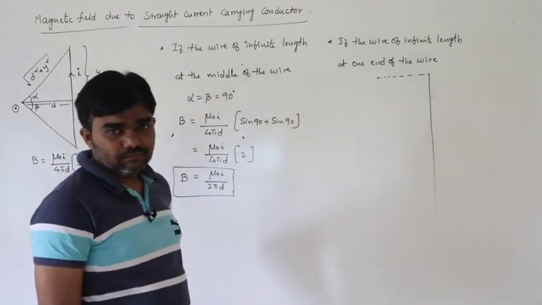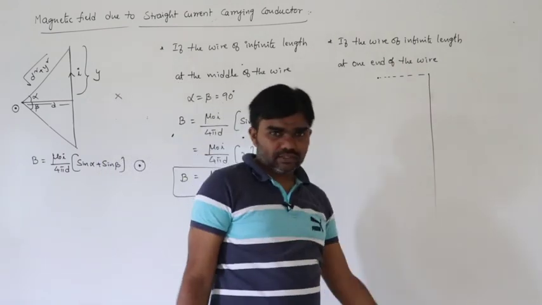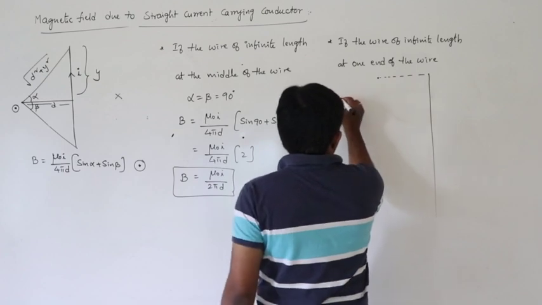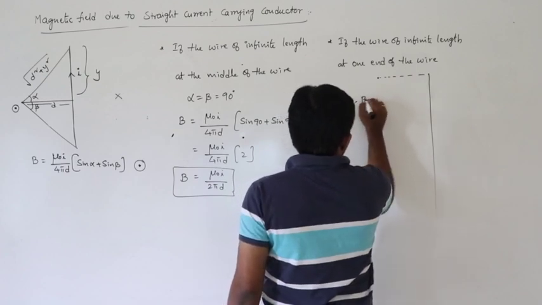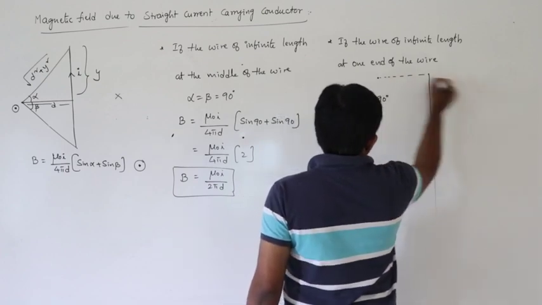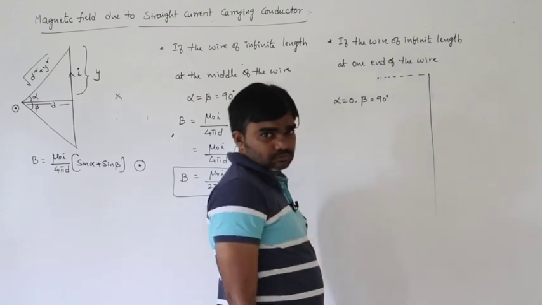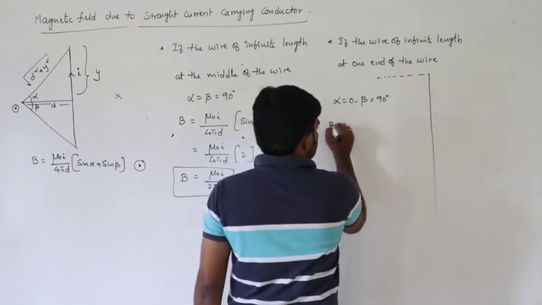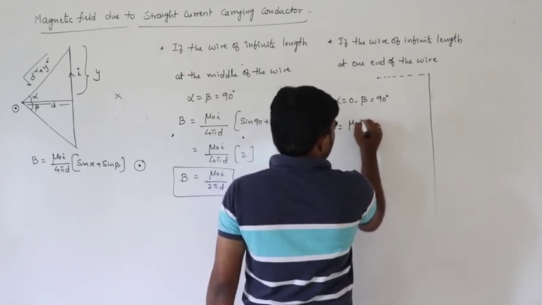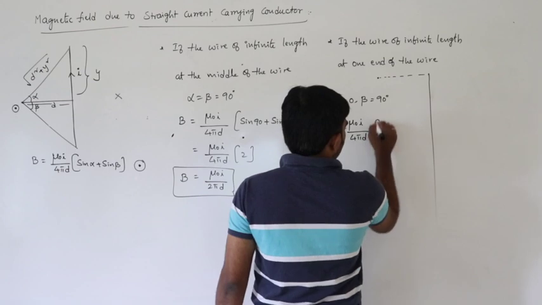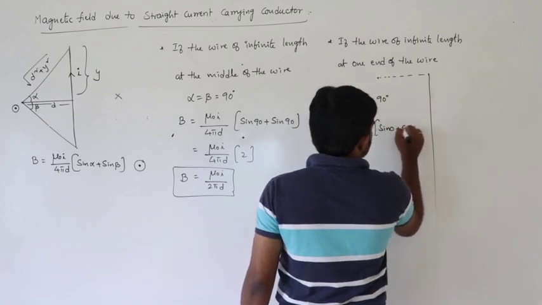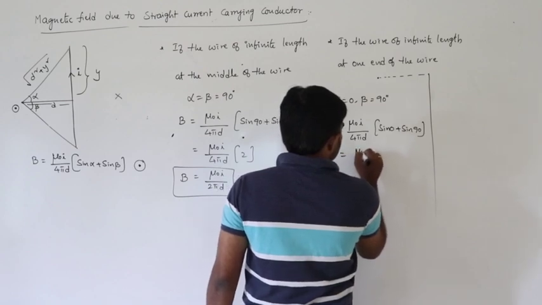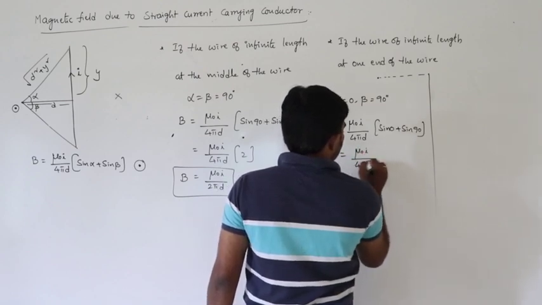One end is here, and the other end is infinite, so it is not possible to calculate. That's why one angle is 0 and the other angle is 90. Here this angle is 0 and the other angle is 90. So B is equal to mu naught I by 4 pi d into sin 0 plus sin 90. Therefore B is equal to mu naught I by 4 pi d.